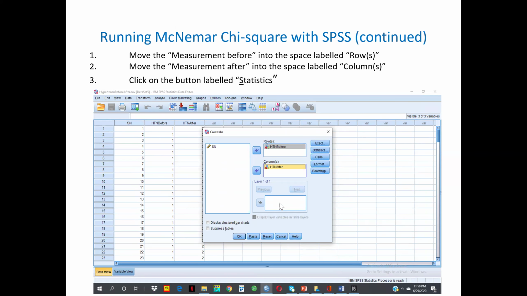Apart from chi-square for goodness of fit, I will usually go to non-parametric tests. But every other chi-square, equally this one, is the cross tabulation under Analyze, Descriptive Statistics, Crosstabs. The row, of course, the hypertensive before, will be the row. After will be the column.